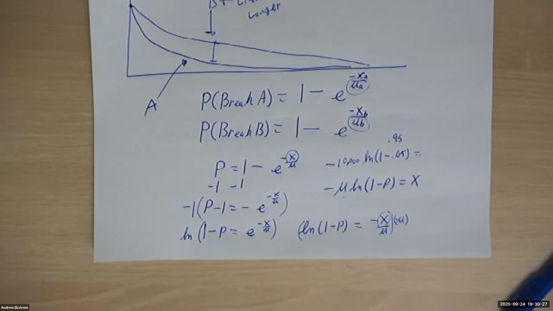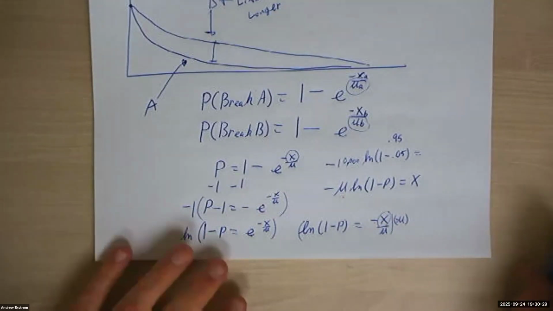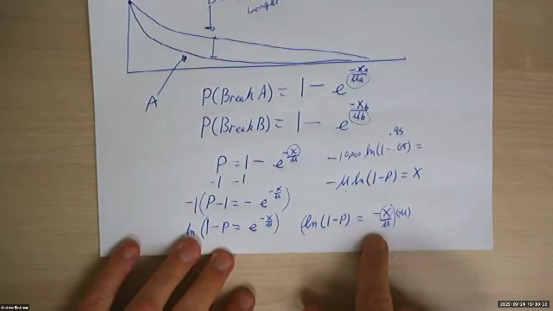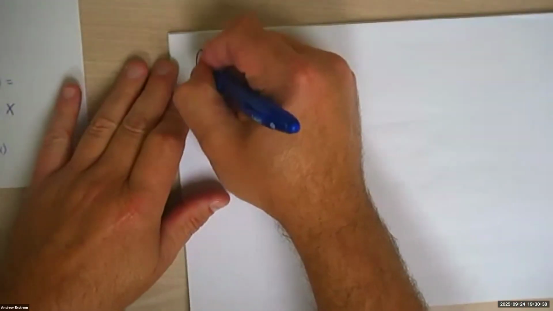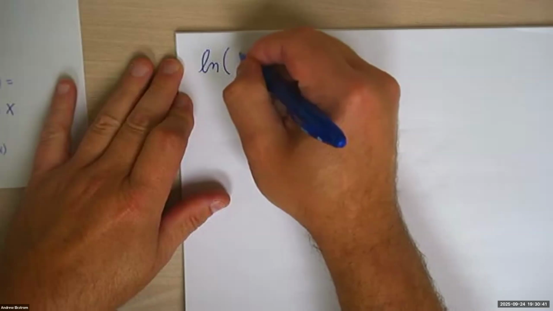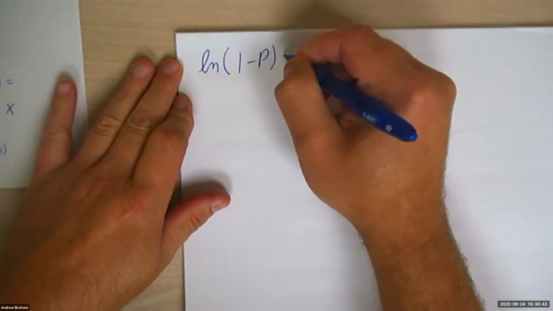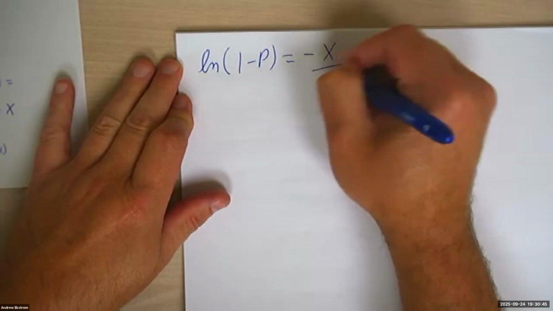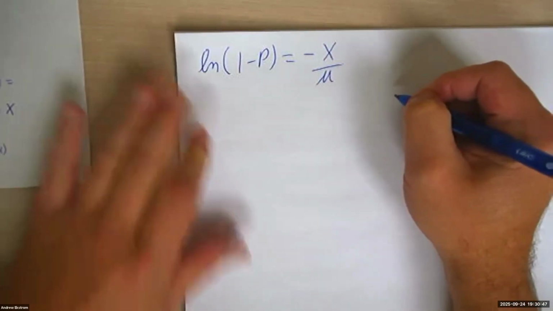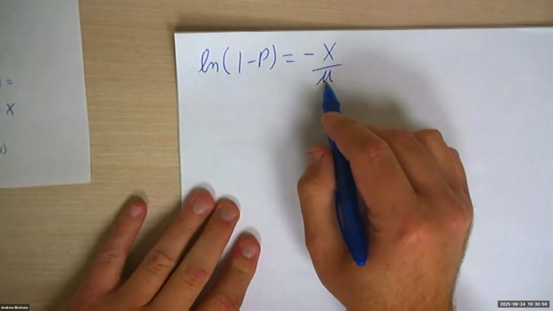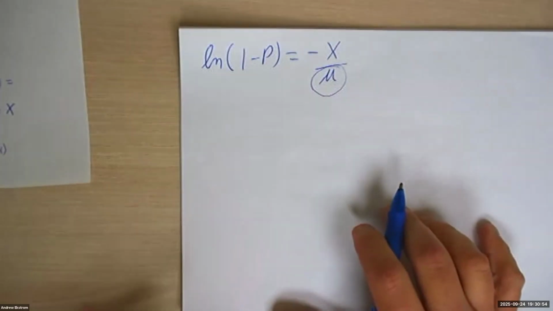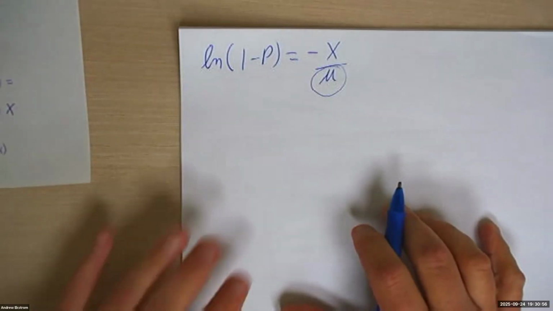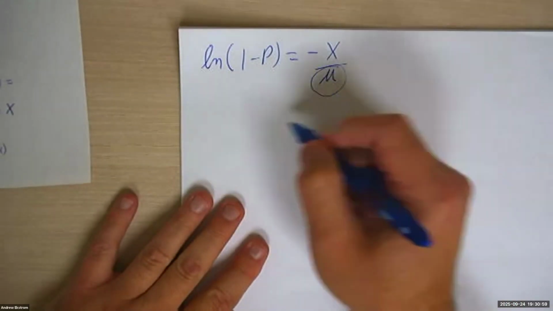I'm going to stop the share real quick. So coming back to what we've got here, I'm going to write this on another sheet of paper. I've got natural log of 1 minus p equals negative x over mu. Let's say I buy a bunch of these products and I want to figure out the mean time to failure for them.